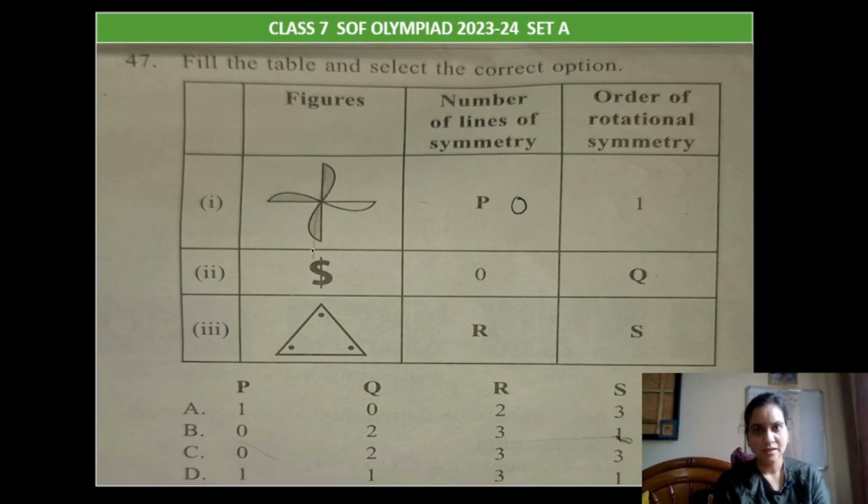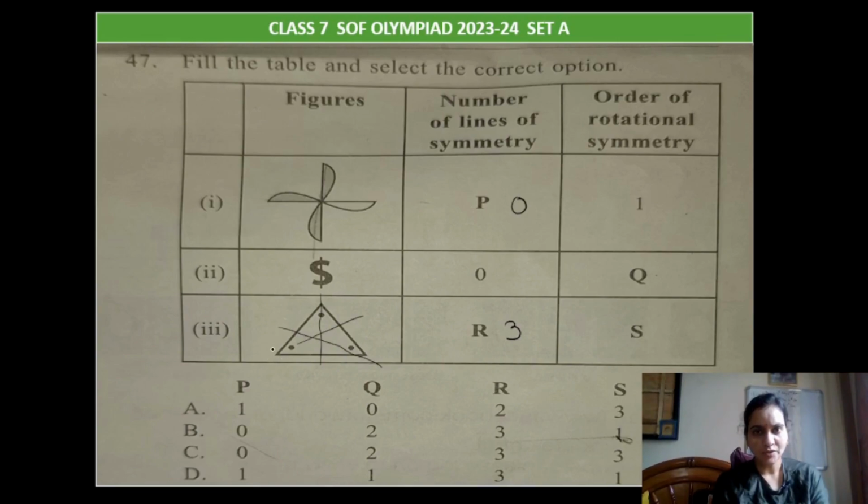Let's see which one. Now let's go to the third figure. I suppose this is an equilateral triangle. The number of lines of symmetry for this figure will be 3. Like this we can draw. So R will be 3 and S also will be, I think, 3 only. The order of rotational symmetry for an equilateral triangle is also 3, meaning 120 degrees.